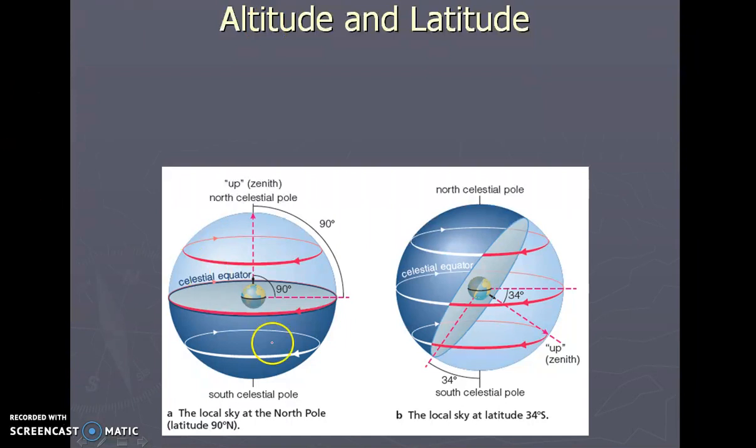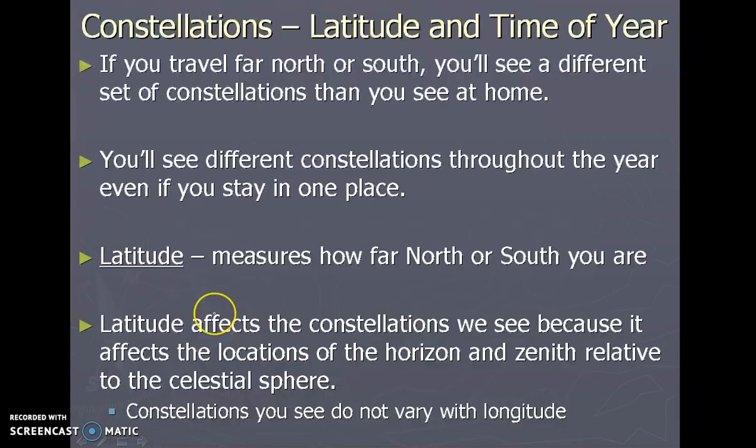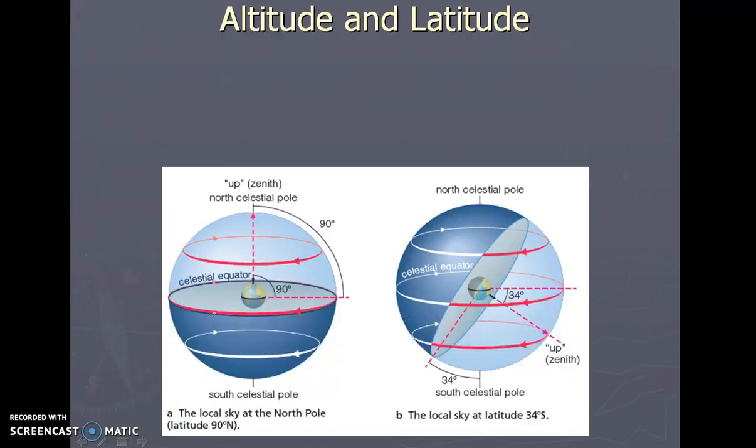So here's kind of what I mean. Let's go back there for a second. So this bullet point says, it affects the constellations we see because it affects the locations of the horizon and zenith relative to the celestial sphere. So if you're at a latitude of 34 degrees, then the celestial equator is here.